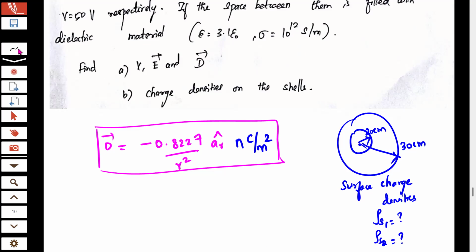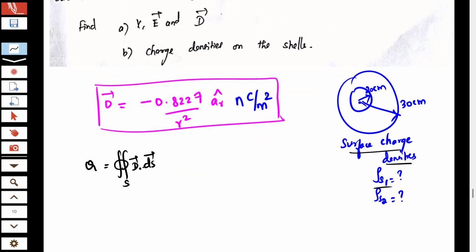So let us try to find the charge and flux density relation. As per the Gauss law, charge can be found as closed surface integration D dot ds. And we can also write charge Q as surface integration rho S ds.